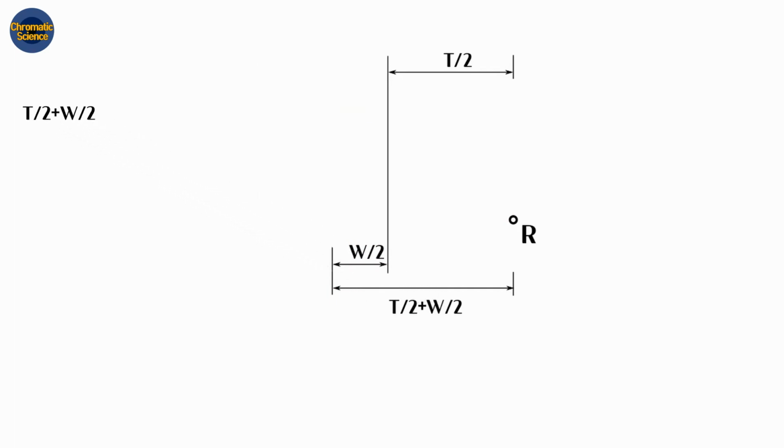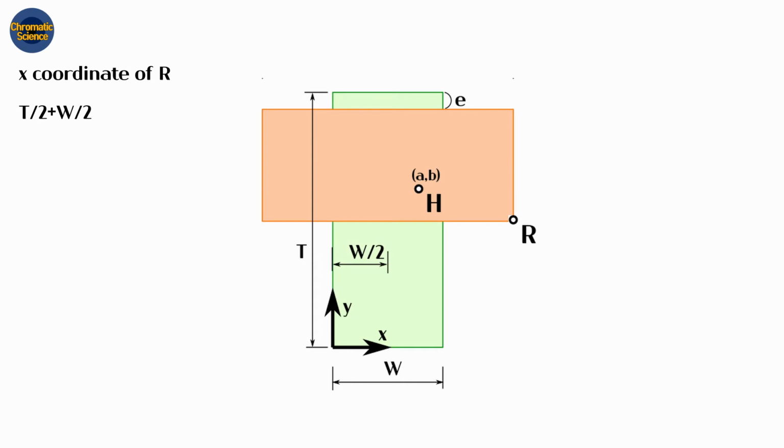By the way, we have one more way to express the x coordinate of our point. First of all, horizontal distance from the frame of reference to the point H is A, because the coordinate of H was assumed to be A, B. Next, what is the horizontal distance from H to R?